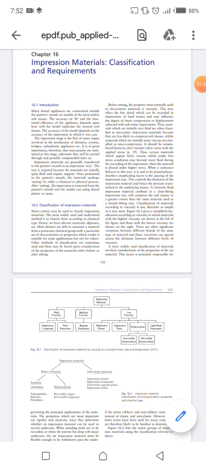So what are the desirable properties of impression materials? There are 12 basic desirable properties. The accuracy, which is the most important one, and pleasant taste, odor, and color. The patient should like the taste, odor, and color.